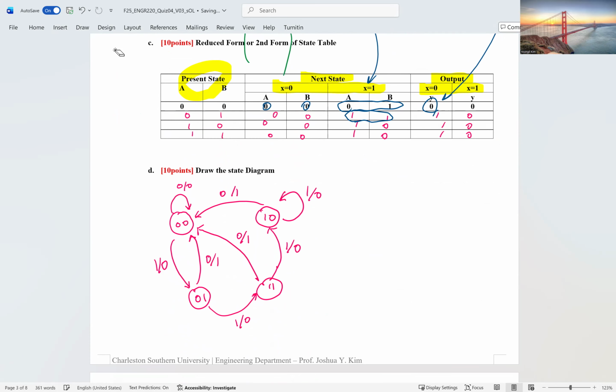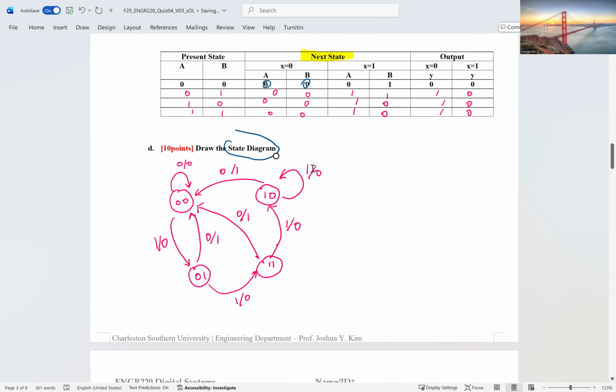So maybe after you found the reduced form we learned before in the lecture and the books, you can draw state diagrams. Several students make a lot of mistakes in here. Let's just write that. Give me a second. The state diagram should be showing the state.